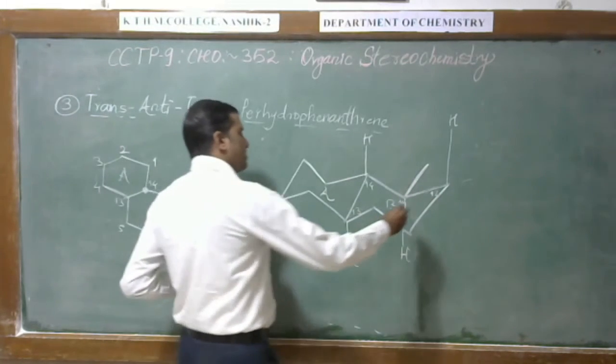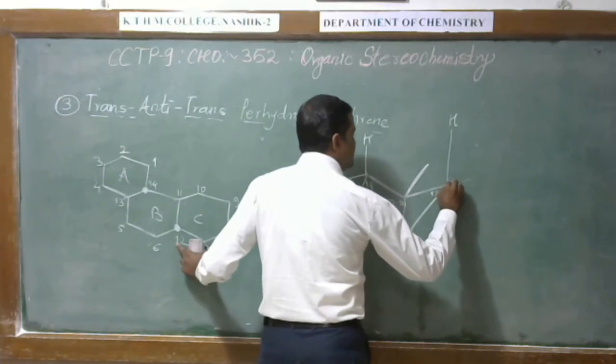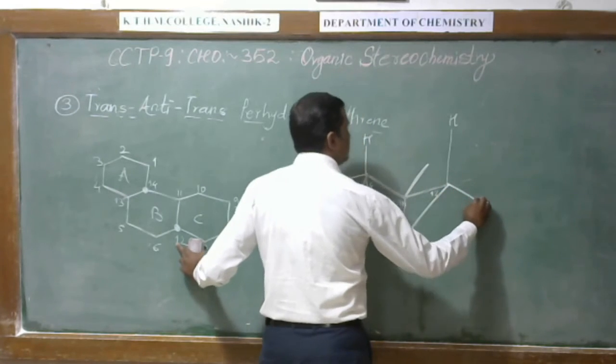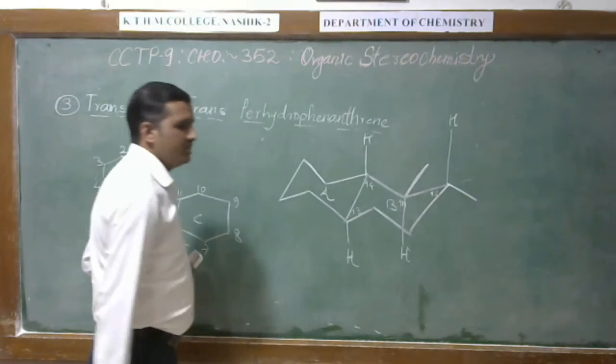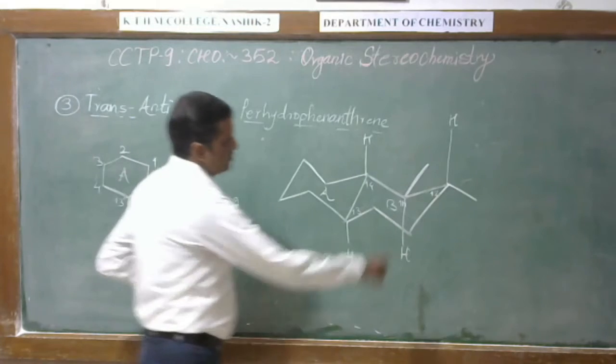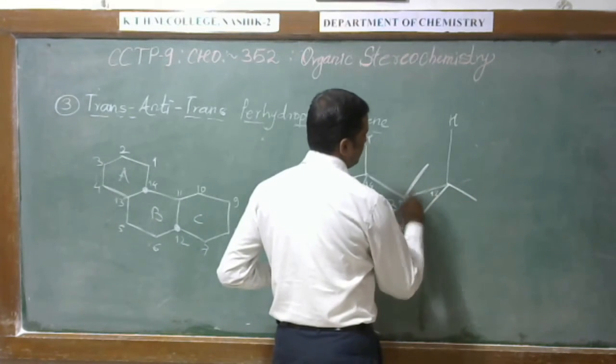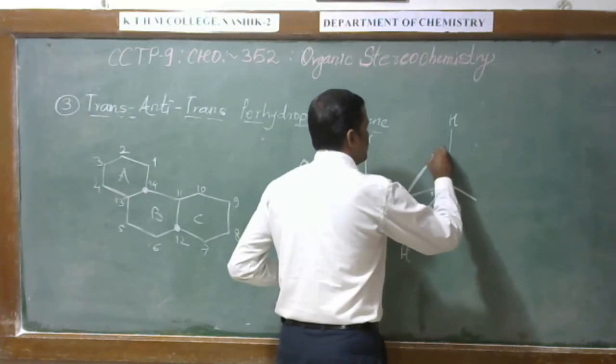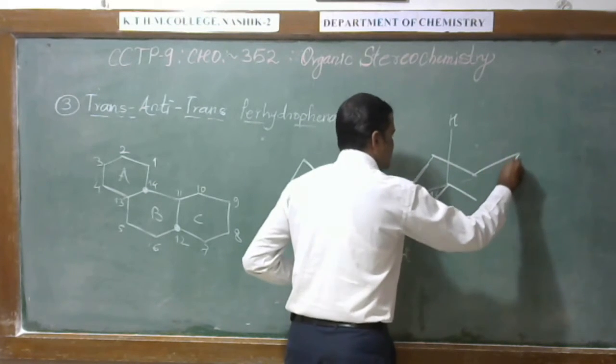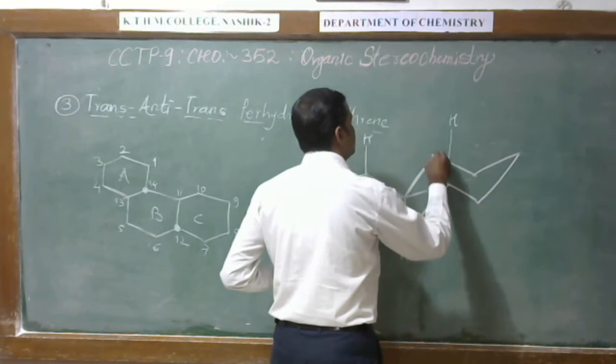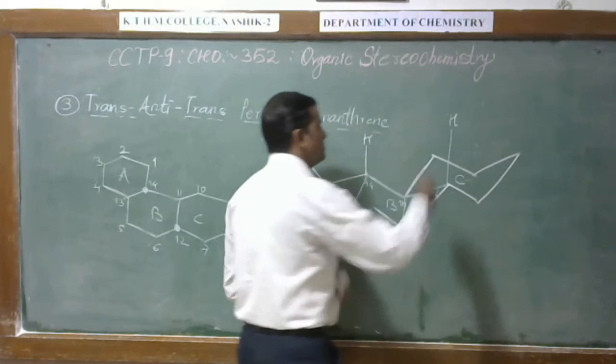So for carbon number 12 to join the next ring, the remaining position is equatorial position. So this equatorial position and this equatorial position can join in this way to form the C ring.